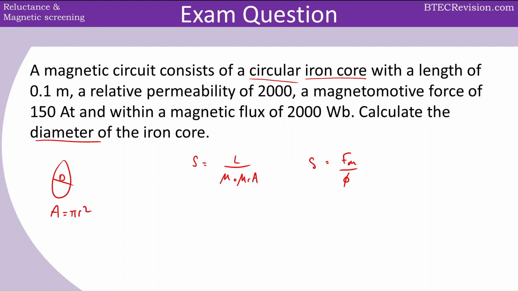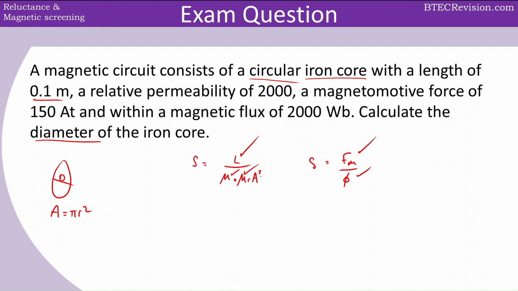If we work out the radius first, then we can times by 2 to work out the diameter. So that means we need to work out the area. Now let's see what we have. We've got a length of 0.1 meters. We have a relative permeability, 2000. We have mu naught, which is a constant. Area is the question. We have Fm, which is 150, and we have magnetic flux.